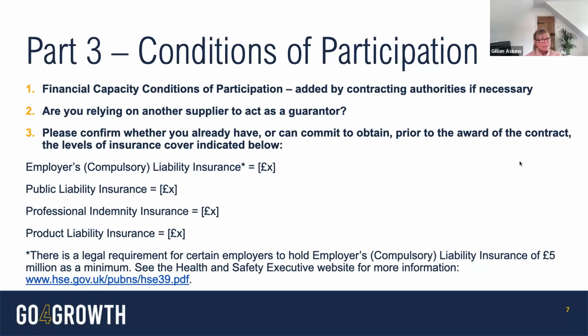I'll do a little bit more digging around the financial capacity conditions of participation and what those changes are. What you have always got in your toolkit is the ability to ask clarification questions.